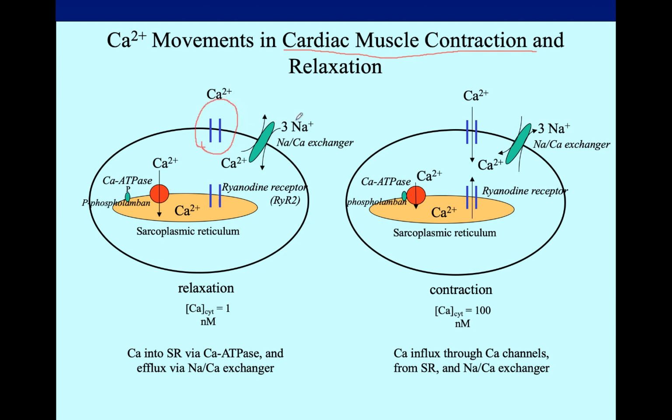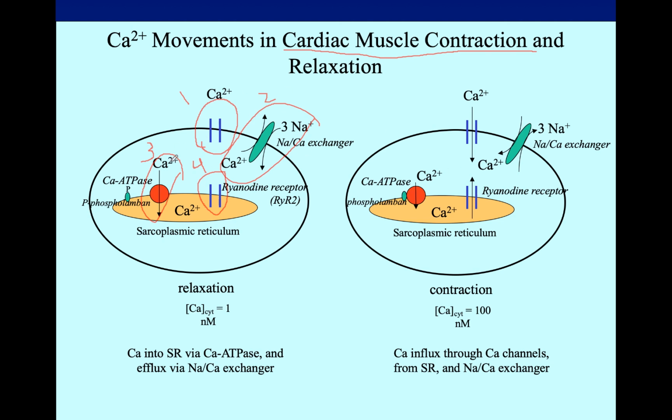One here, we've got one here, this guy there, and then this one here. I'll number them 1, 2, 3, and 4. So 4 transporters. You'll see the same 4 here, but you'll notice that their functions are a bit different.